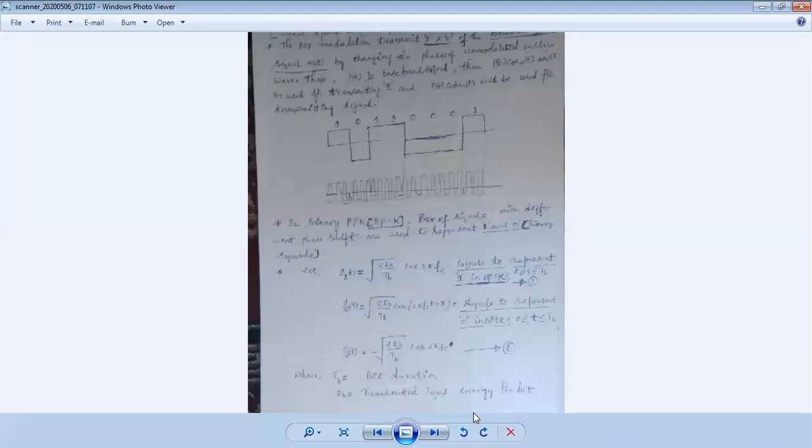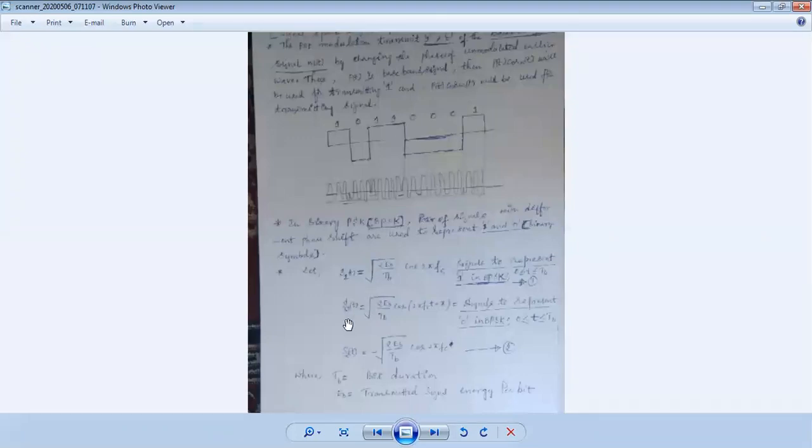Energy ultimately indicates the magnitude of the signal. Magnitude is the amplitude. The amplitude contains the information, 1s and 0s. That is why we have EB. This gives the magnitude, and this gives the phase of the signal being transferred.